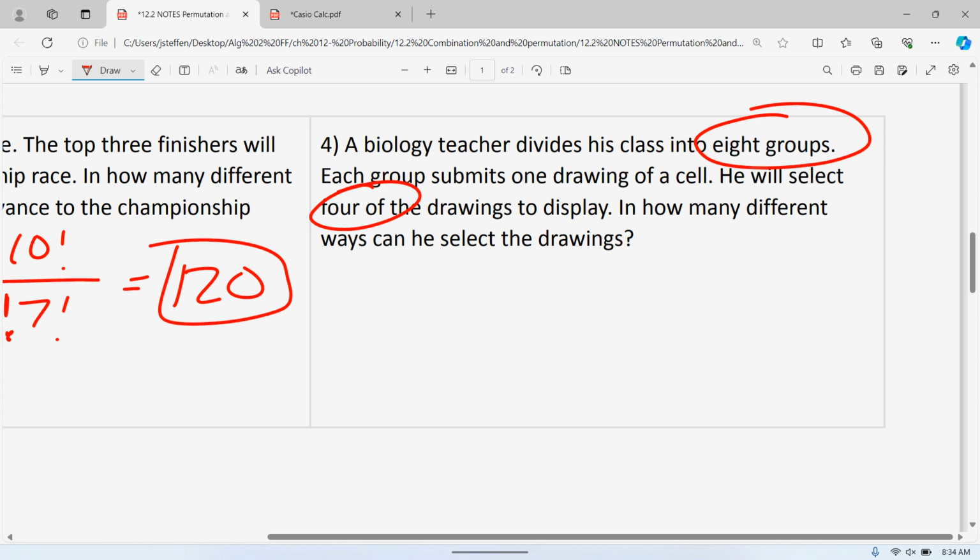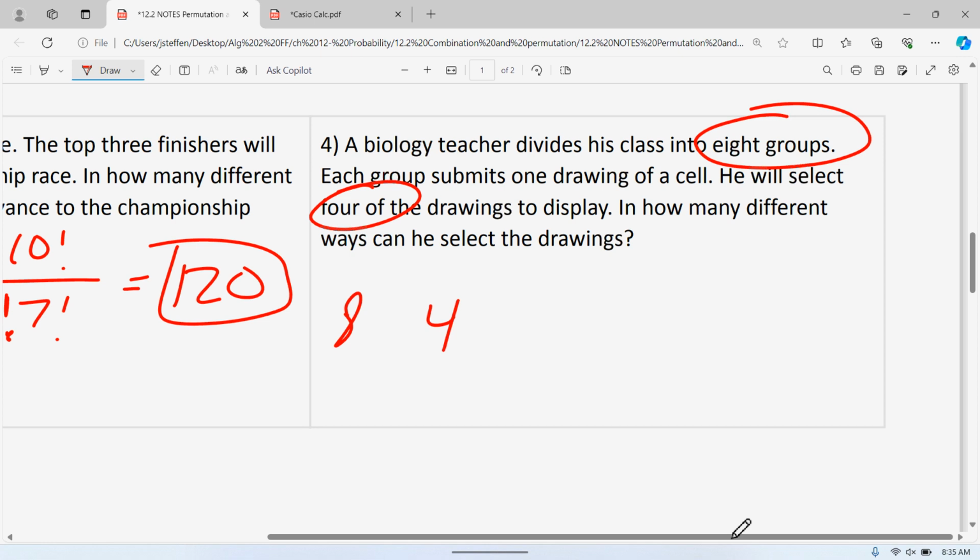So I know 8 and 4 is a permutation or combination, and again it's a combination, because he's not saying he's picking the 4 best ones, or he's putting them up on the wall in order from the best to the worst, or awarding first, second, third. He's just picking 4 of them. He's not saying that when he hangs them on the wall, the best one goes first and the worst one goes last. He's not saying any of that. He's just picking 4 to hang on the wall. So the order does not matter.